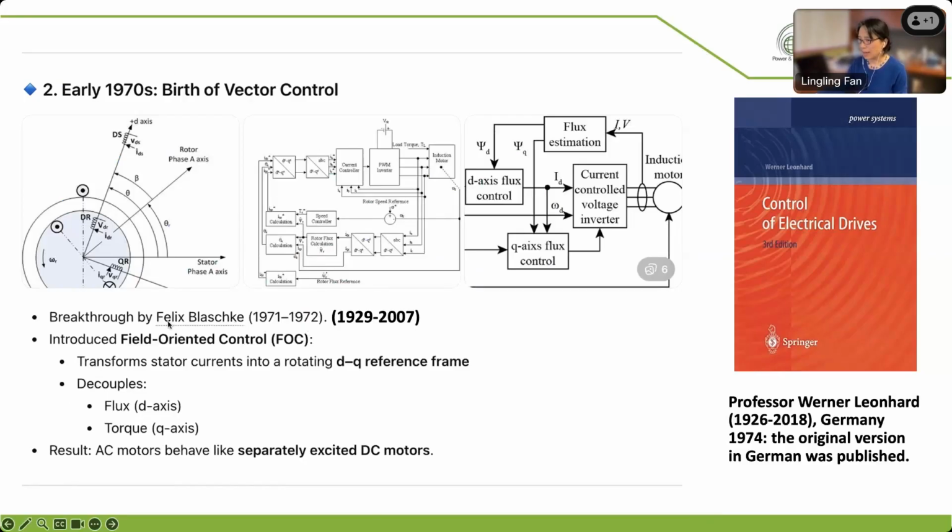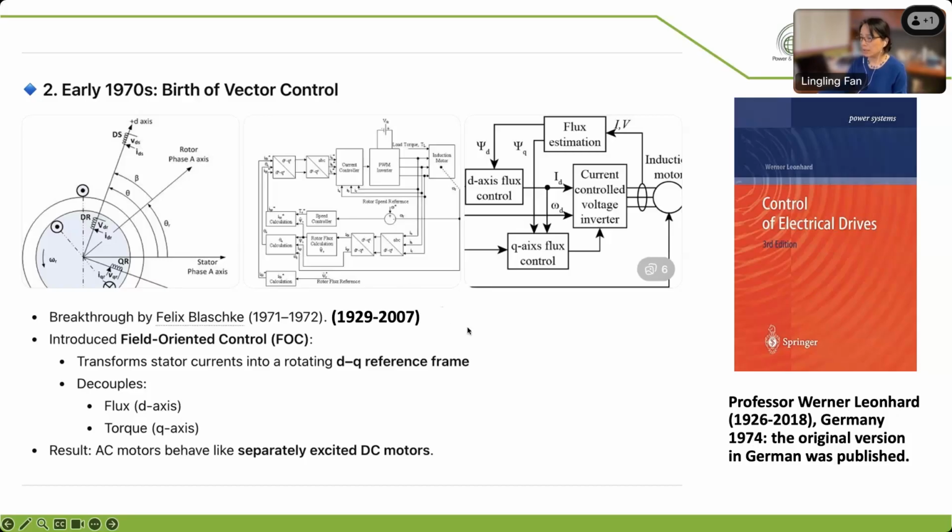I double checked that Felix Blaschke is an engineer from Siemens. In fact, another book, Control of Electric Drives from Germany, by Professor Werner Leonhard, had its original version published in 1974. So we can connect the timeline in the early 1970s. That's the birth of vector control.